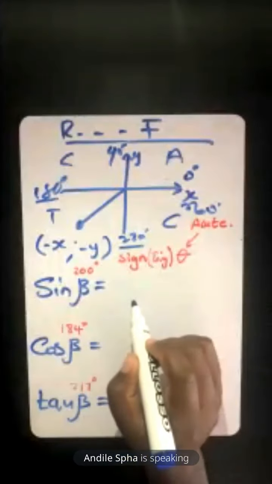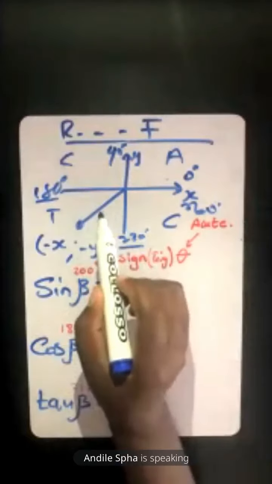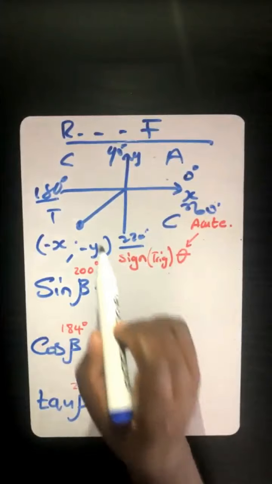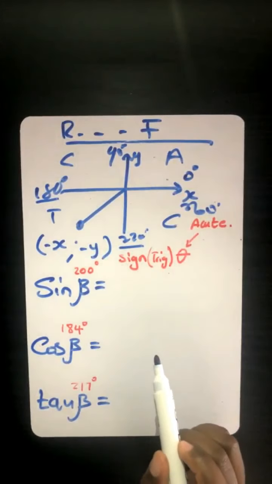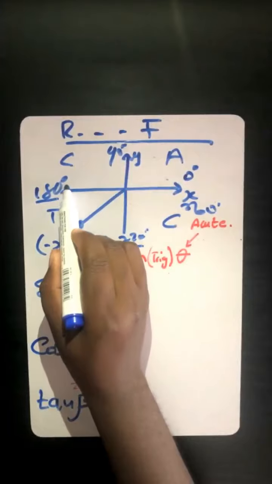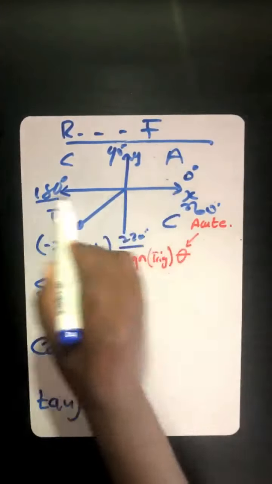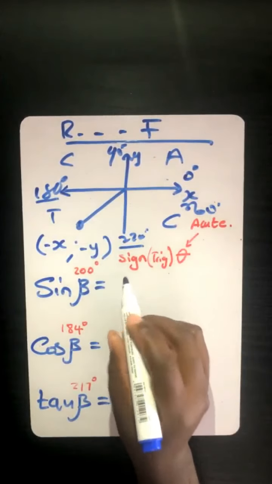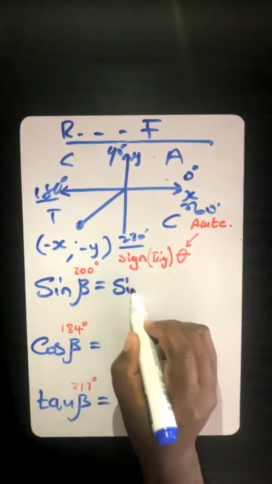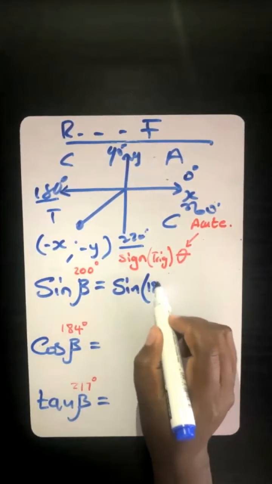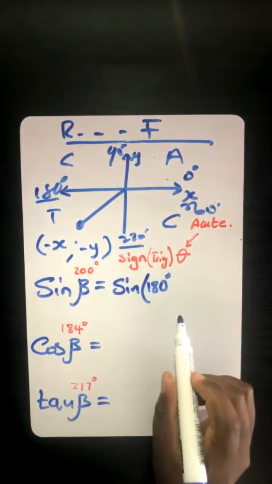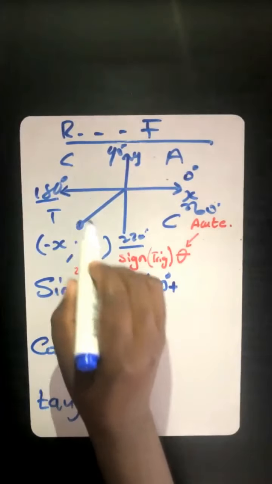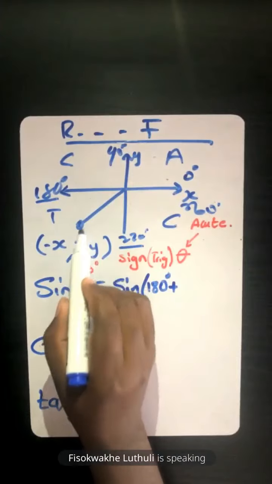In this case, we've got an angle which falls in quadrant number 3. So we use the reference of that 180 line, that horizontal line. So we are going to have the angle being 180 degrees plus, because that angle falls in quadrant number 3.